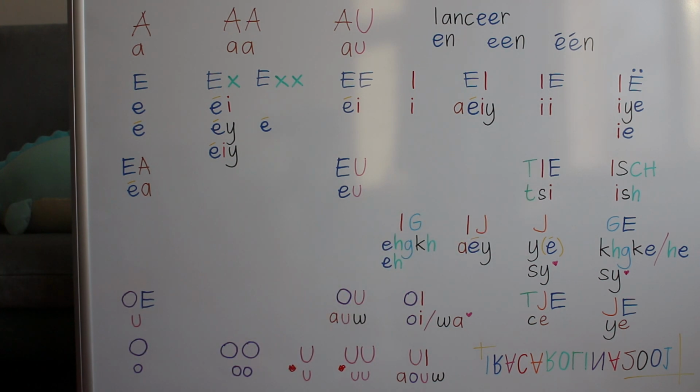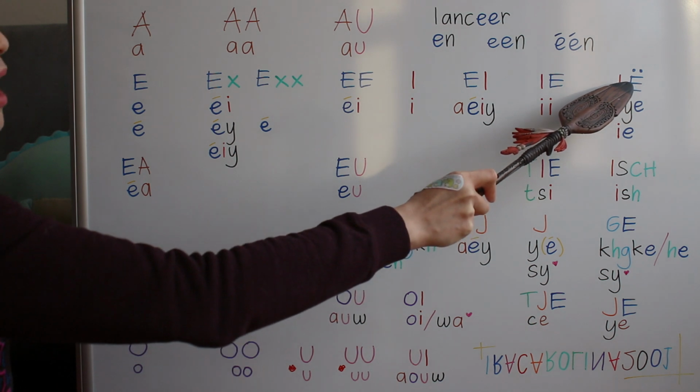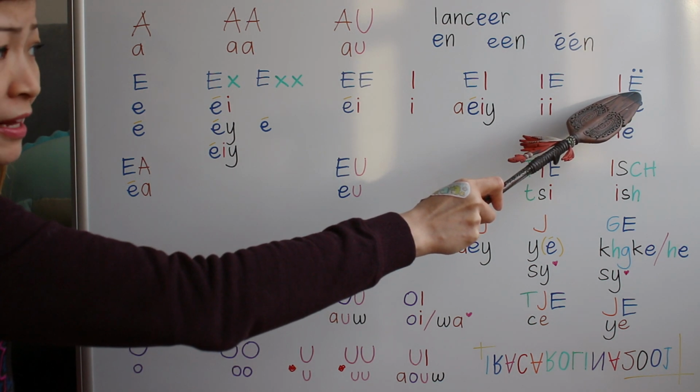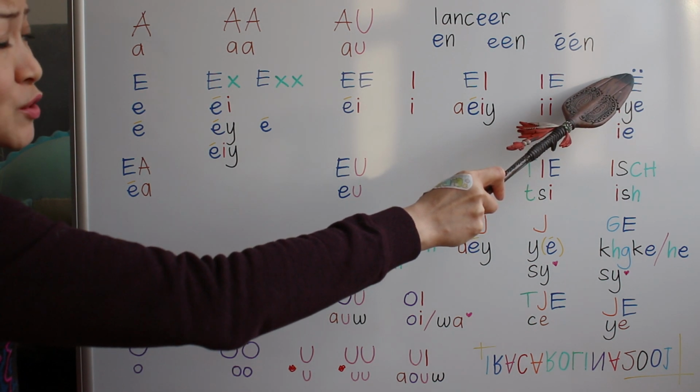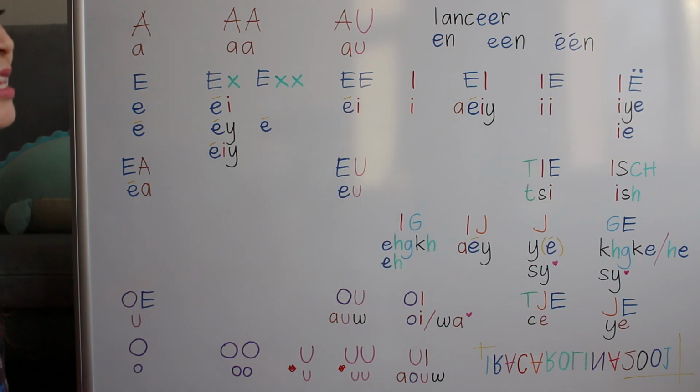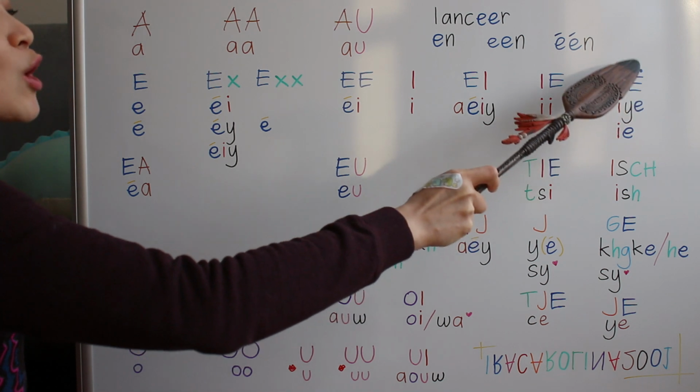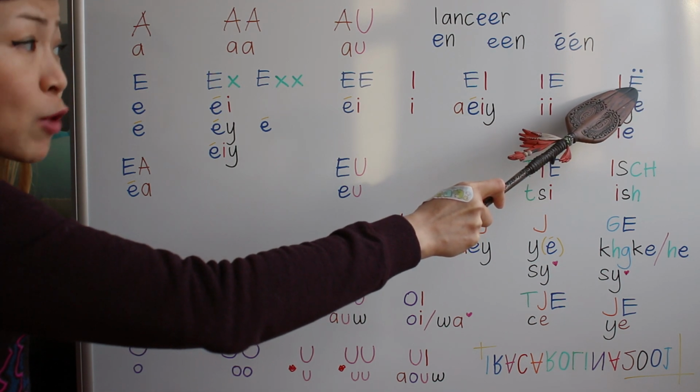The difference with this one is that above this vowel it has two dots. It means you have to pronounce this vowel differently.